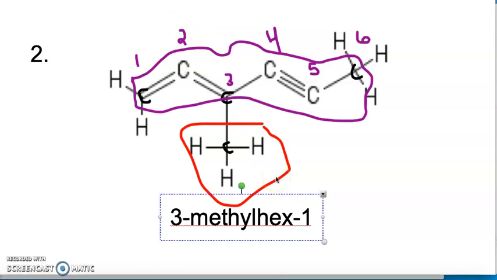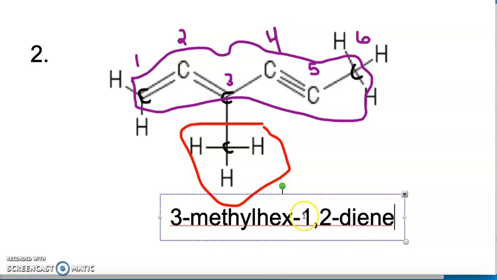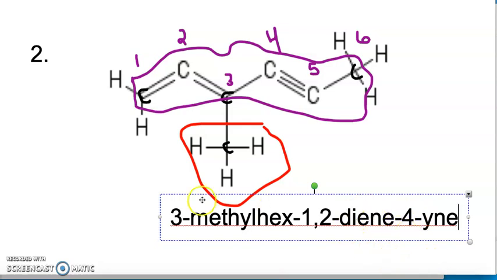So we're going to have dash 1, comma 2, dash diene. The 1, comma 2, because one's at 1, one's at 2. And diene, because there are 2 enes; comma, because we separate numbers from numbers using commas; and a dash, because we separate numbers from letters using that. Okay, then the last thing we need to do, obviously, is put in that triple bond. It's between carbon 4 and 5. So we're going to say dash 4, dash ine, because we're always using the smallest number possible.